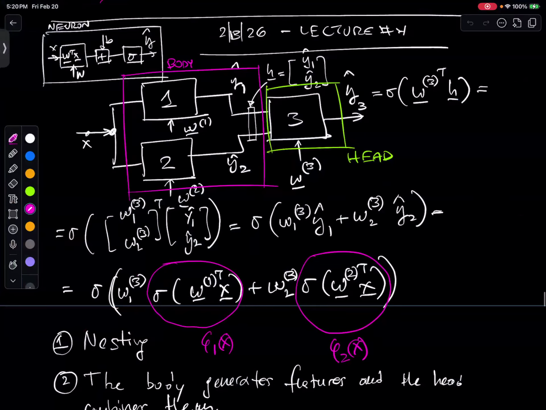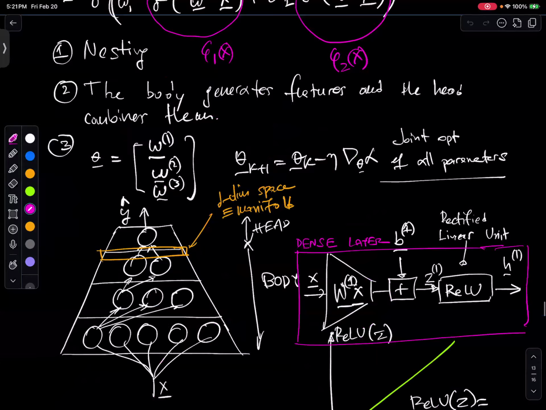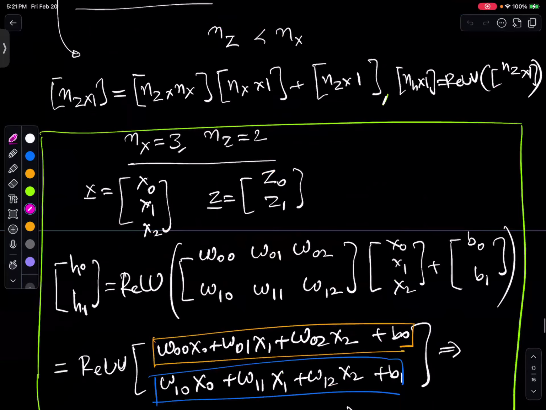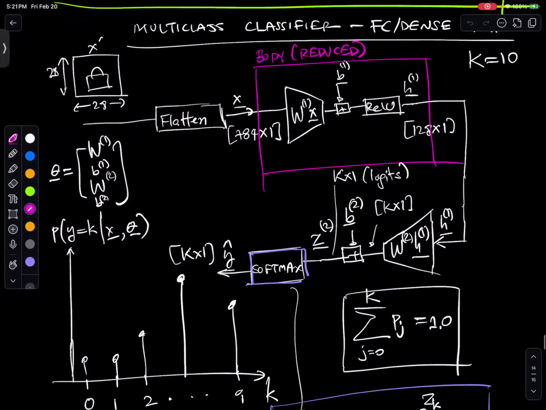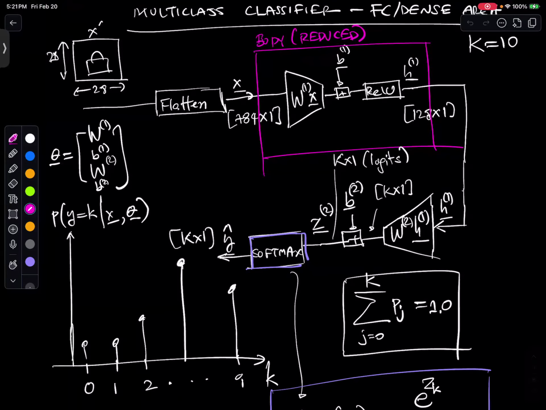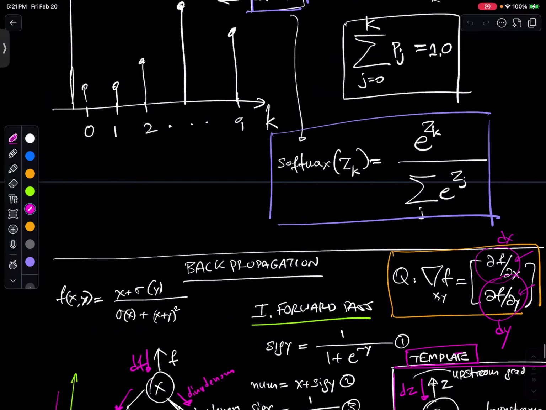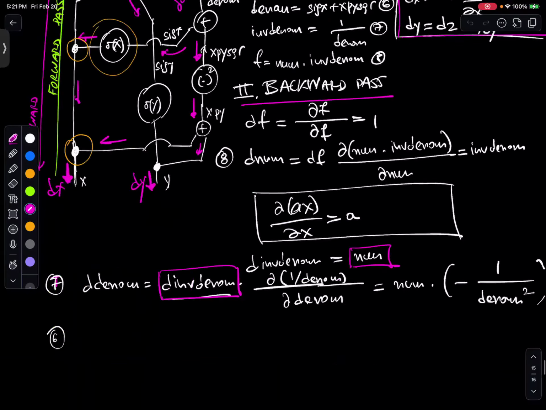Spring 26. So we are in lecture 5 today. So we went through constructs associated with fully connected networks. We understood multi-class classification, the softmax, and we understood some first principles of backpropagation.